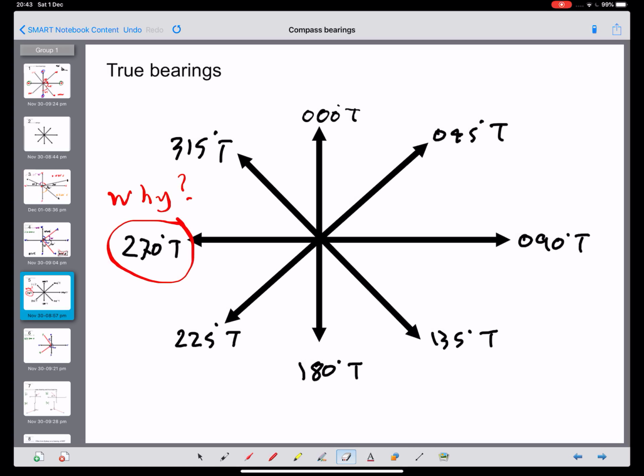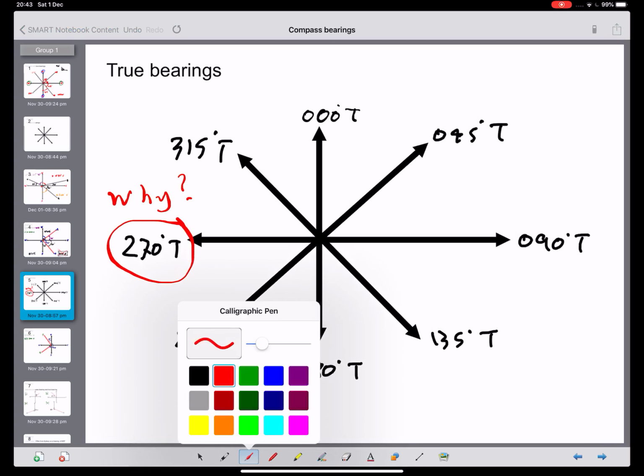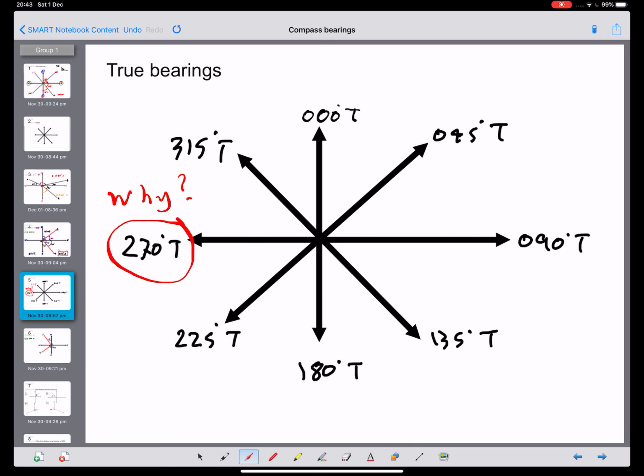Okay, so if you remember, the true bearings are always measured from north. So this is north here. We always measure clockwise, and it's always 3 digits.